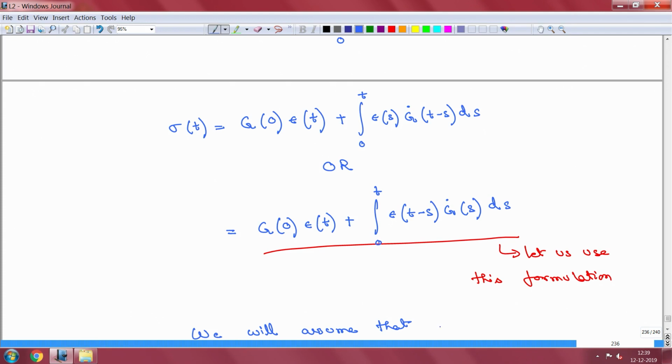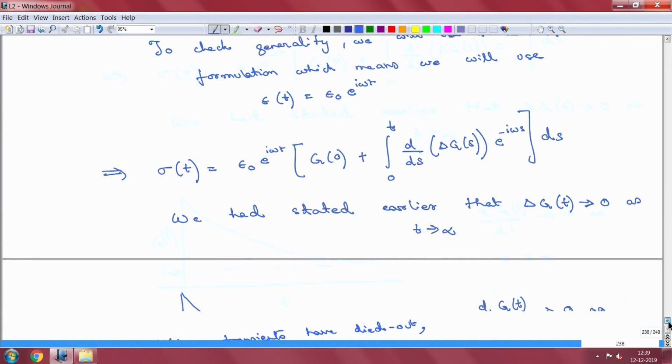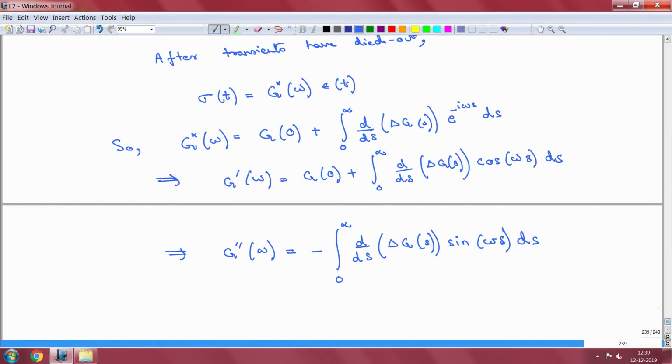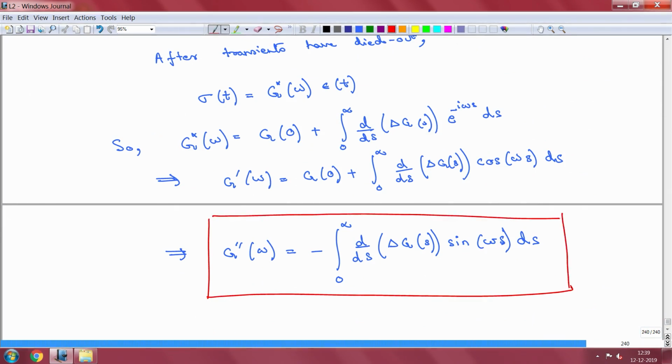And when you do the same set of steps, just because you chose a different expression for sigma t to begin with, you will end up with this particular expression, which we know is equivalent to the other representation as well. So, we know that this relationship is valid, and we also know the conditions under which this is valid, right.